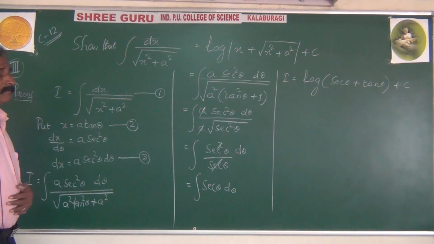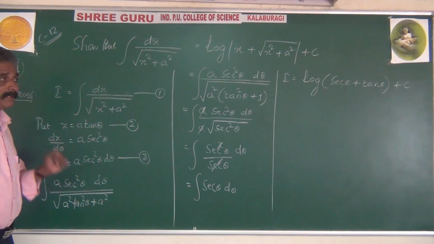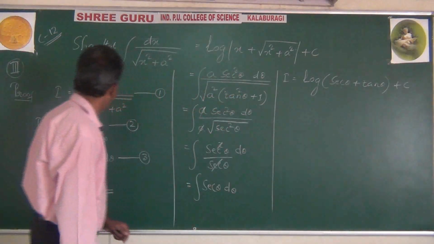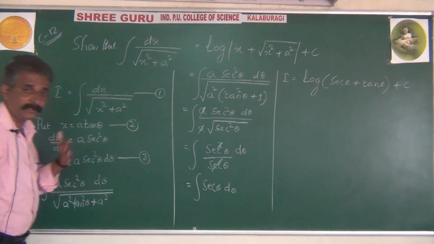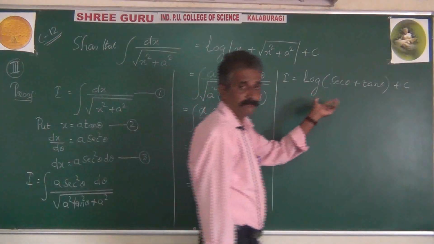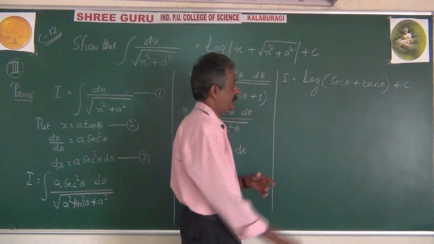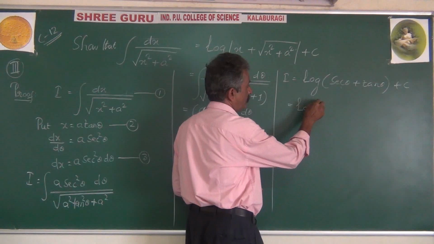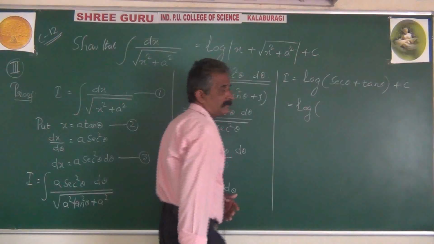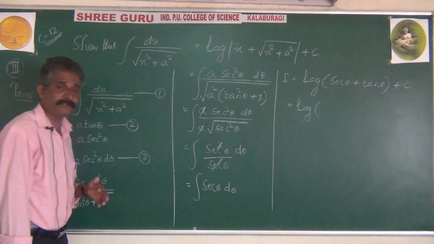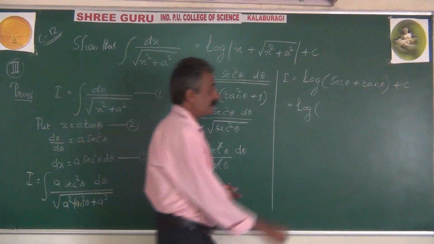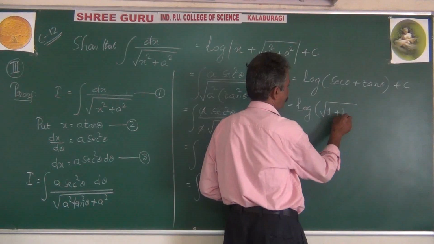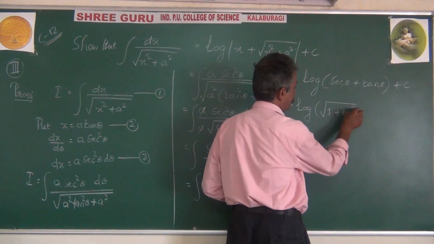But we want our answer only in the format of x. So we shall write back the value of tan theta. What is tan theta? x by a. And also sec theta we shall convert in the form of tan theta. That is equal to logarithm of root of 1 plus tan square theta, since 1 plus tan square theta is secant square theta, plus tan theta remains the same.